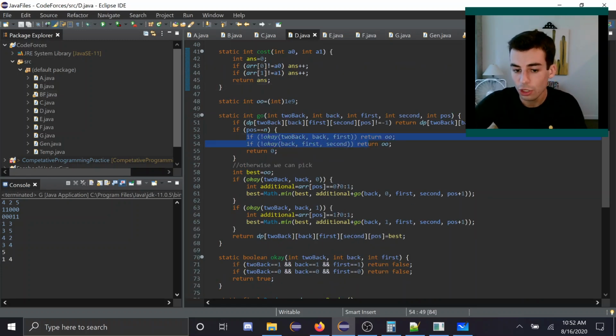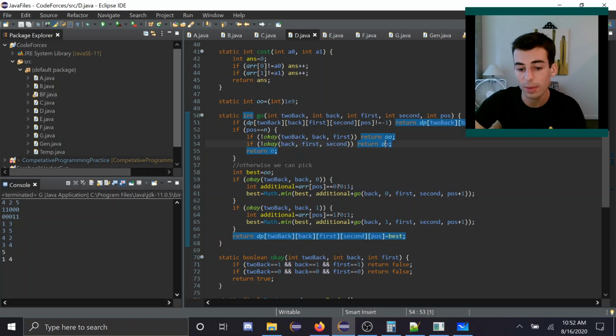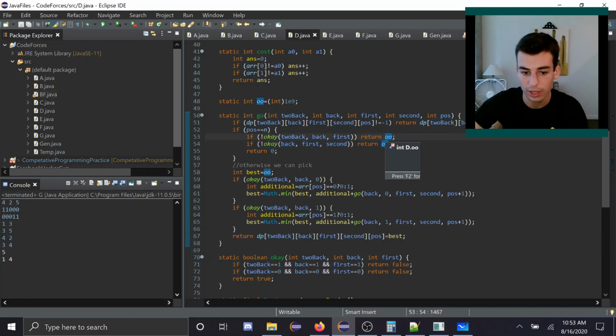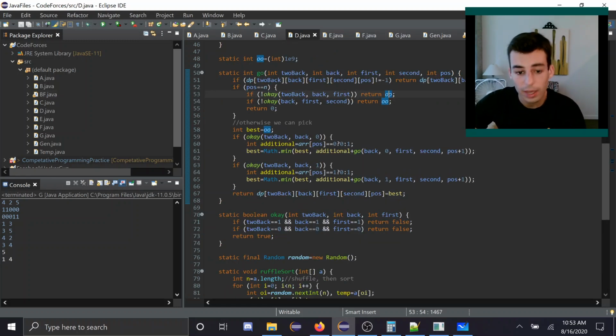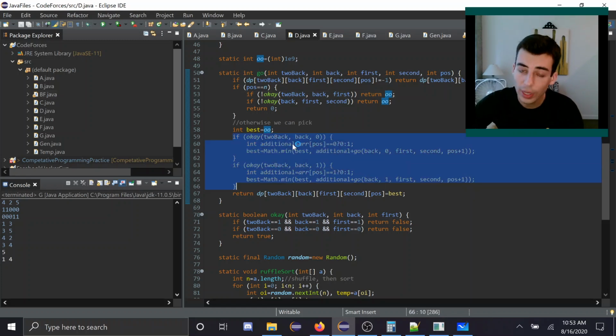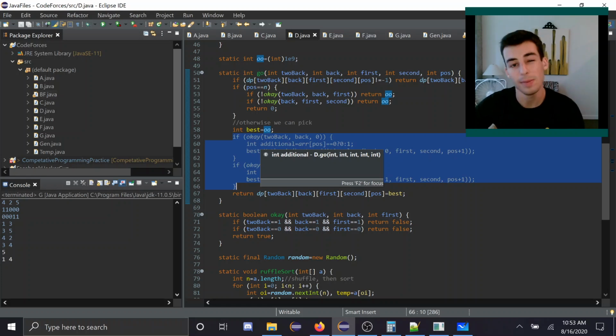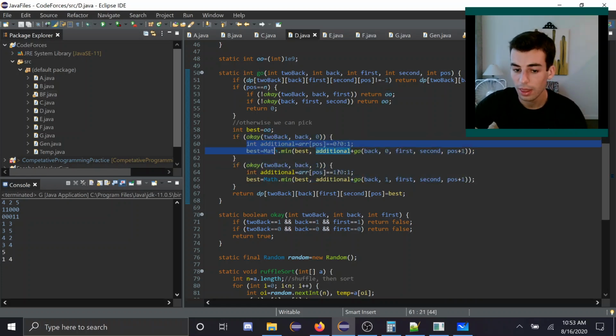Basically, if the position is n, you have to make sure the 2 ranges that I talked about are legal. If they are, then you return 0, but if one of them isn't, you return infinity, so that you don't actually do this. Otherwise, you do one of these 2 cases. So if it's okay for you to place a 0 here, if that doesn't make 3 zeros in a row, then you place a 0 and you do that.